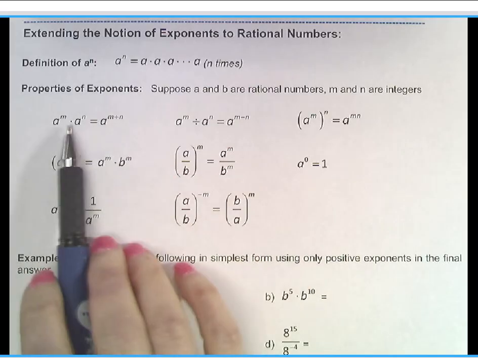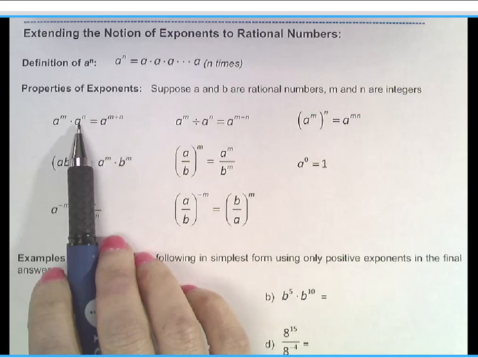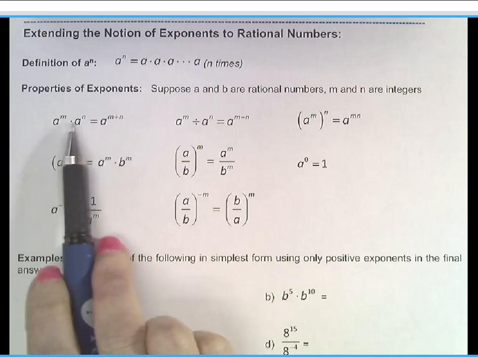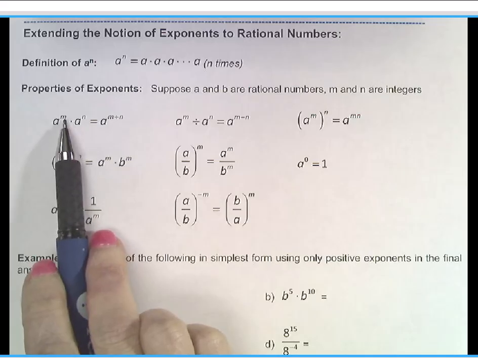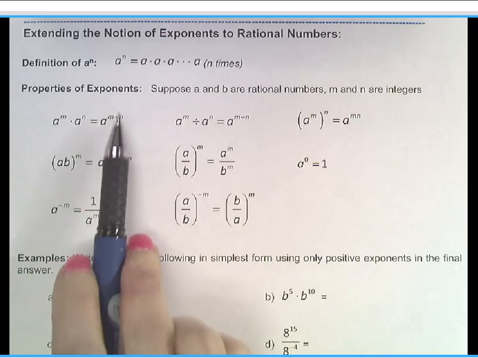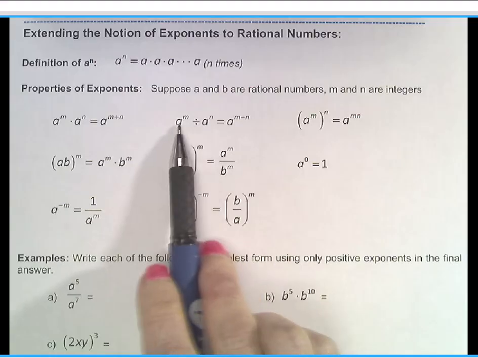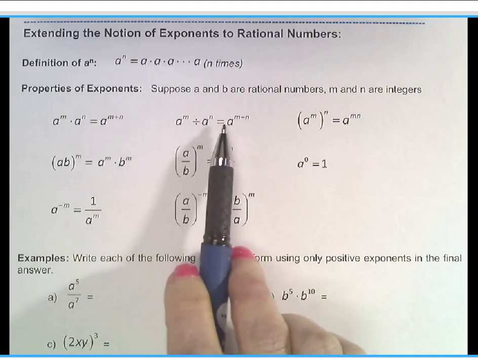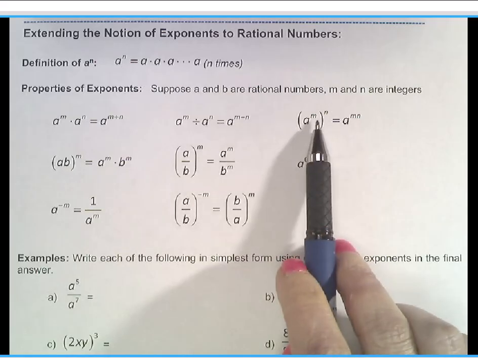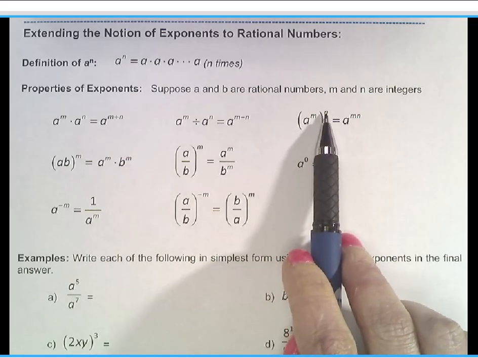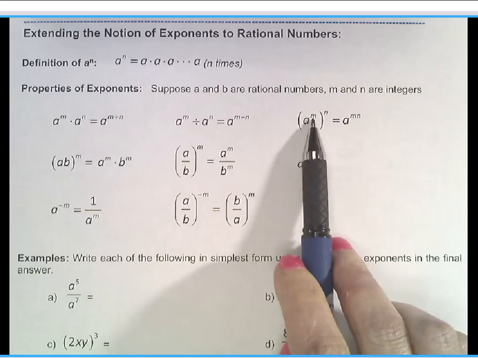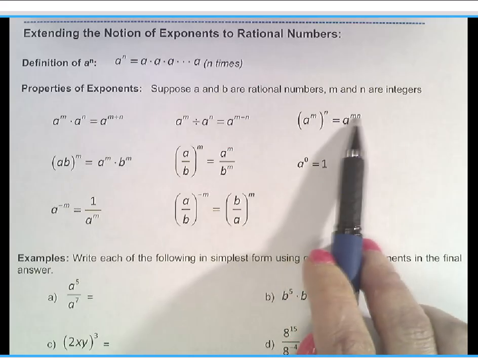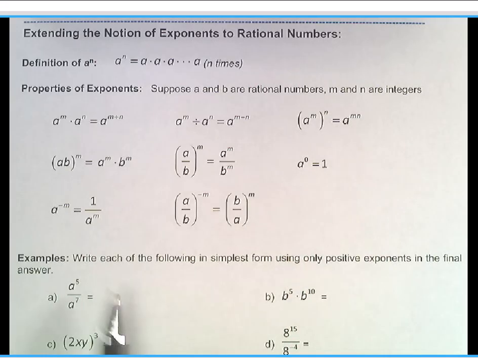And with the properties of exponents, we learned that if you have like bases, see how our a's are alike? If you have like bases and you're multiplying, you add the exponents. If you're dividing like bases, you subtract the exponents. So those are like direct opposites of each other. If you have a power raised to another power, so an exponent raised to an additional exponent, you would multiply the exponents.